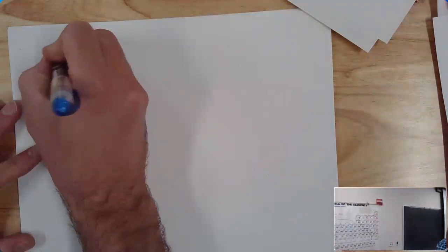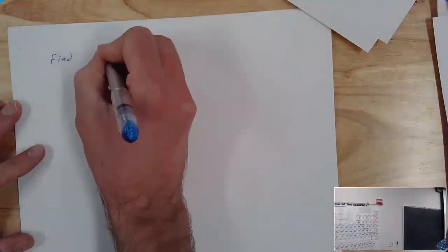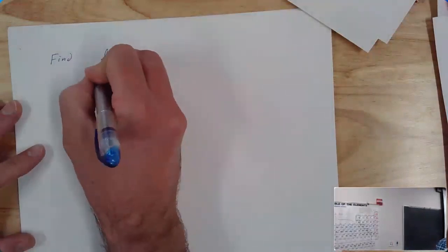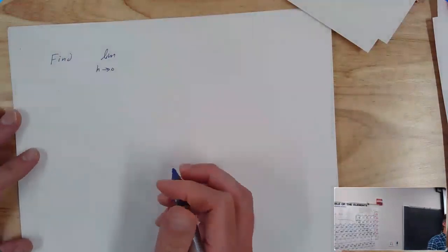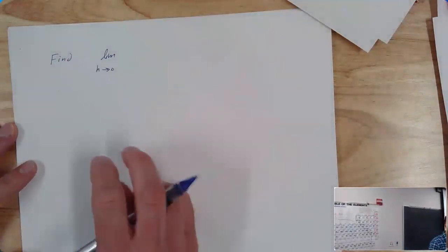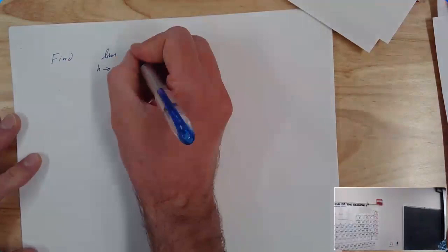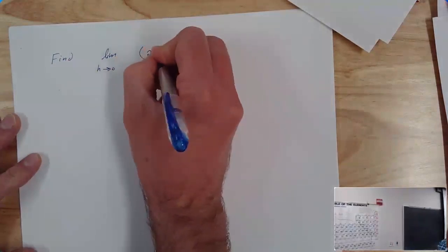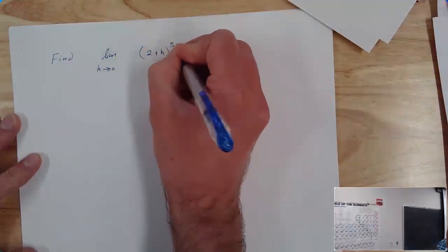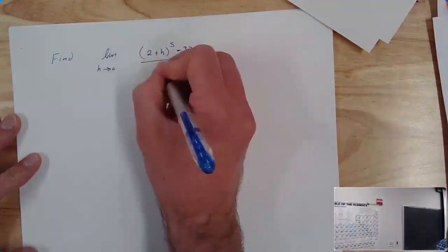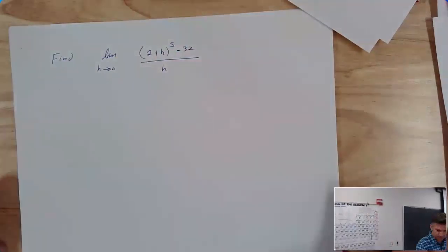Oh yeah, I knew that. So I did want to talk about this. Let's say someone said on an exam, I want you to find the limit as h approaches 0 of 2 plus h to the fifth minus 32 all over h.